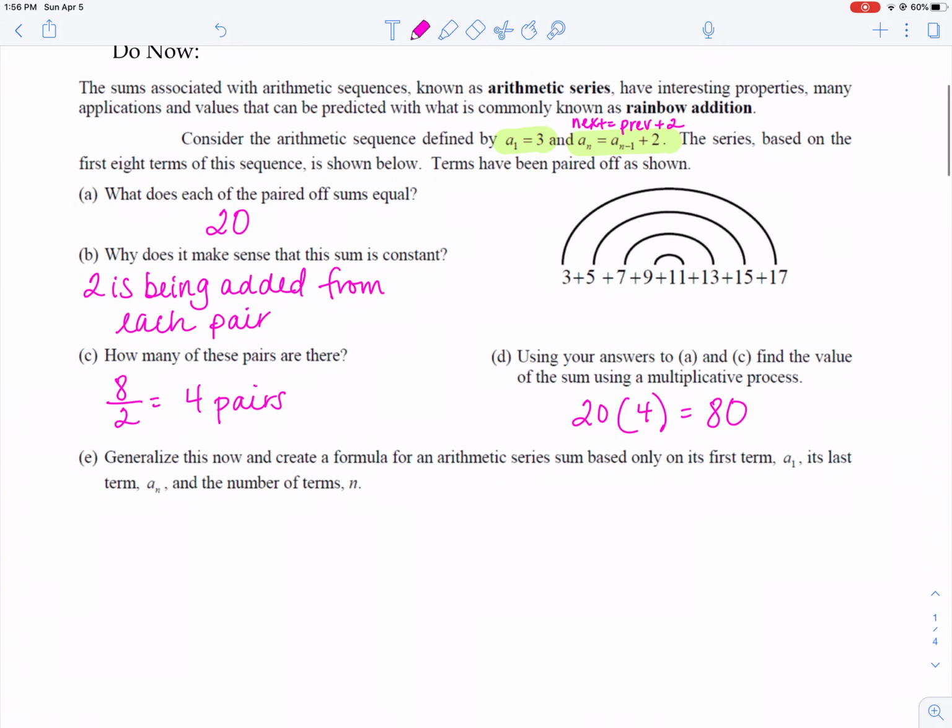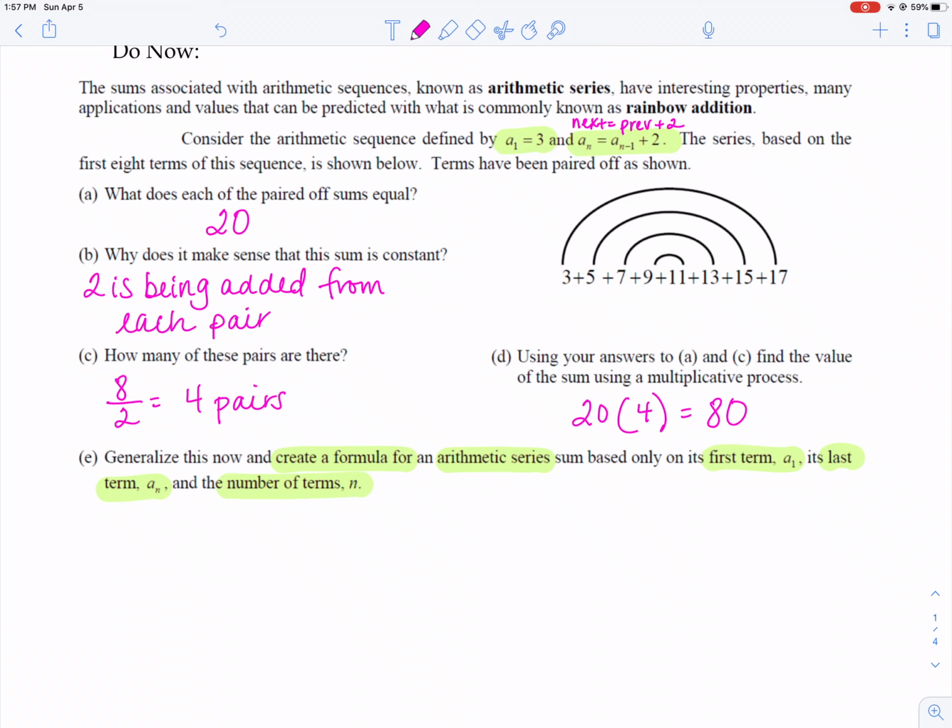So in this next part, they want you to generalize this now by creating a formula. Okay, so they want a formula for this series based on the first term, which is a sub 1. Now be careful, the last term, which is called a sub n, and the number of terms, which is n.